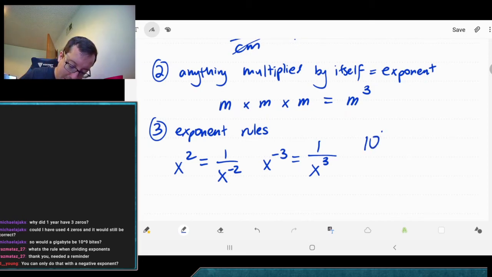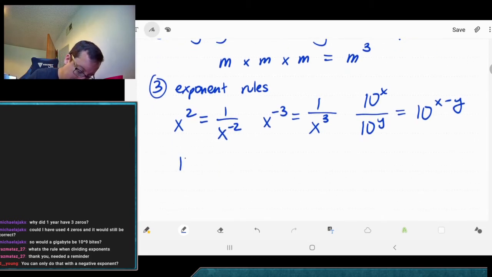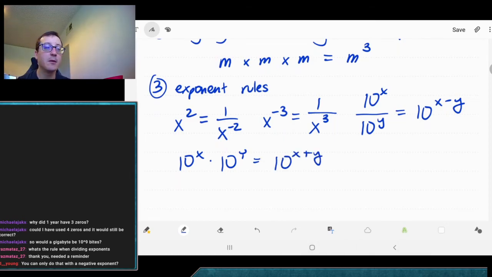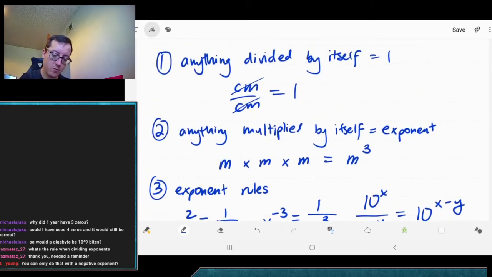Remember that 10 to the x over 10 to the y equals 10 to the x minus y. 10 to the x times 10 to the y equals 10 to the x plus y. Any other rules that we need to put in here? I don't think so. I think we're good. So just remember these mathematical principles as well. They'll all be important for us.